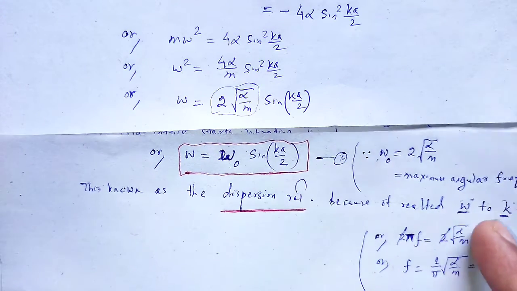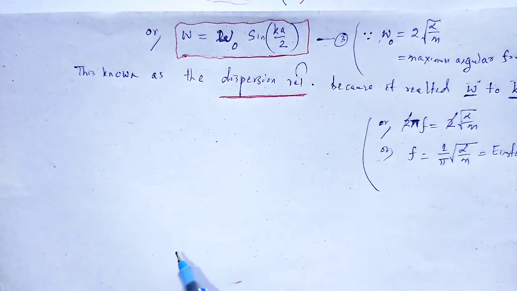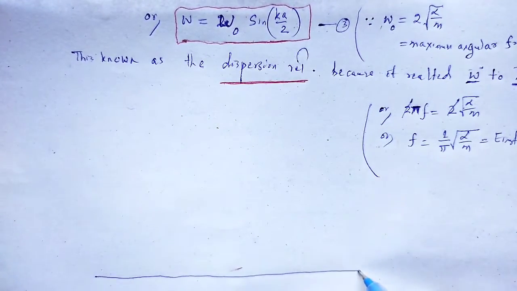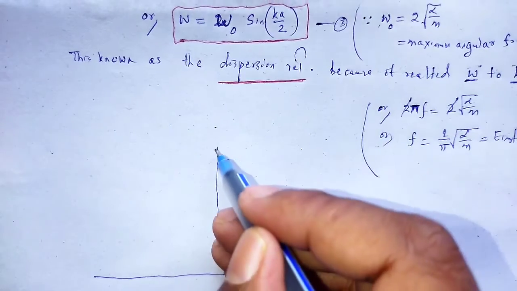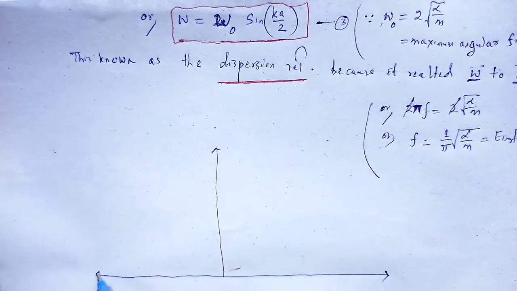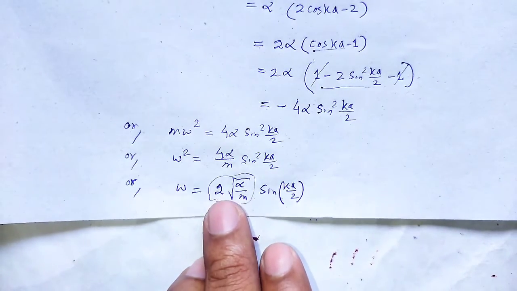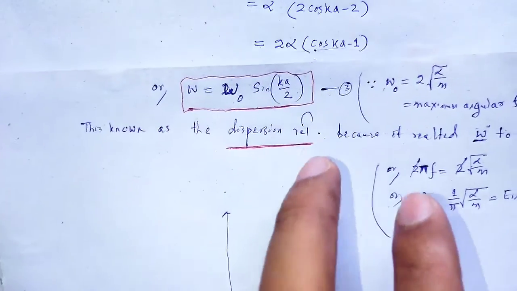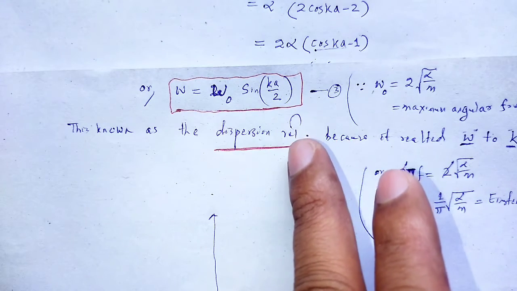When we plot a graph between angular frequency and propagation constant, look here. Since we have the value of omega as a square root, we have two roots, but we consider only the positive roots to obtain real frequencies.